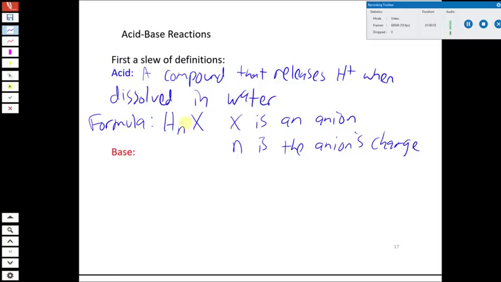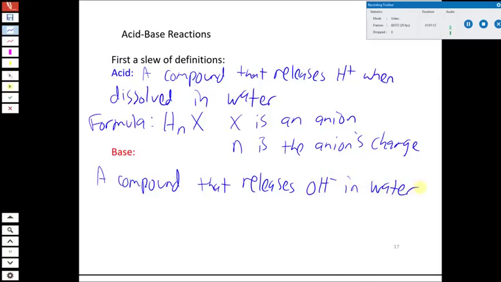A base is a compound that releases OH- in water, so hydroxide being the anion that we associate with bases. Most bases, and especially the ones that we'll see in this course, are just metal hydroxide compounds. So they're ionic compounds that have a metal cation paired with hydroxide anion.